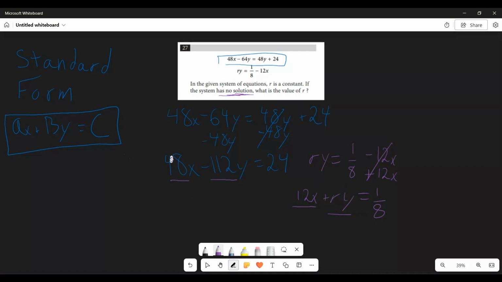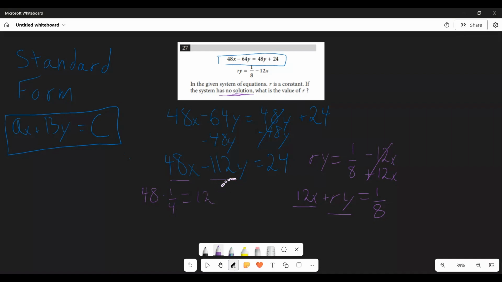So we need to figure out 48 times what equals 12, right? So we know that if we multiply 48 by 1 over 4, because that is our scale factor, we would get 12, right? Basically, 48 divided by 4 is equal to 12.